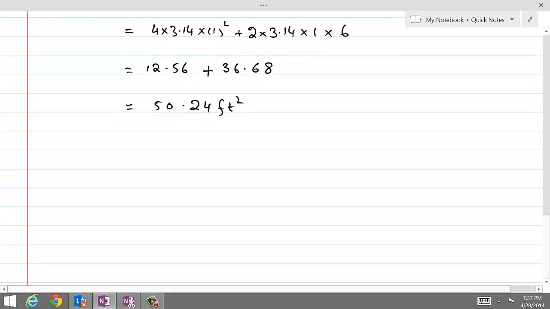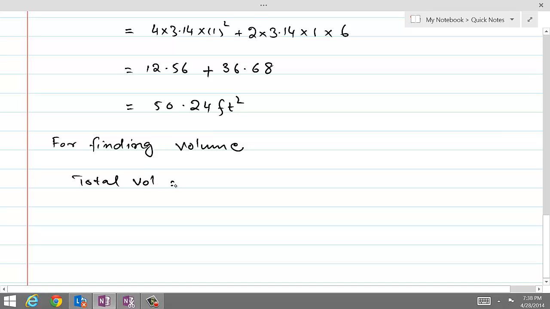Now we are going to find the volume. For finding volume, what we have is total volume.